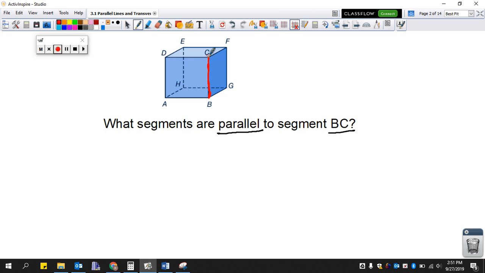So we're looking for other edges that are parallel to that. Well, we have three of them. We have DA, we have EH, and we have FG.